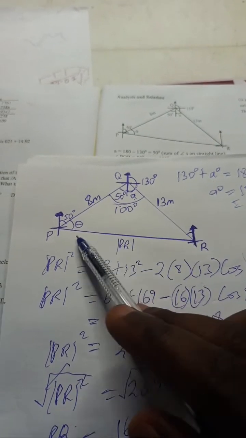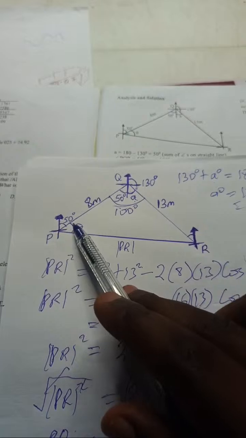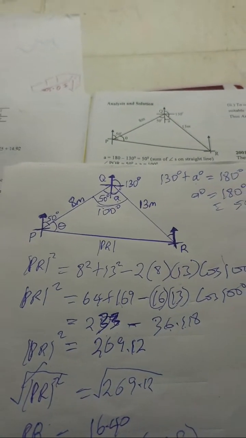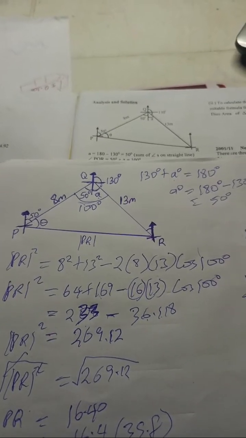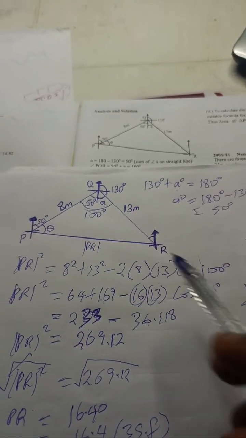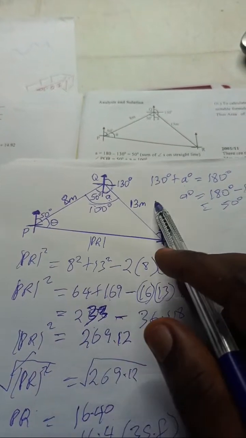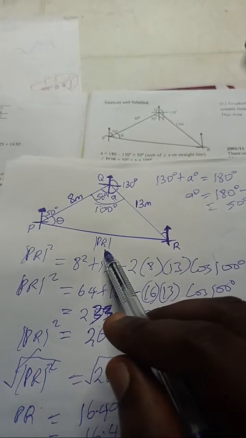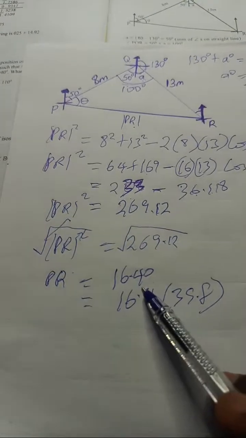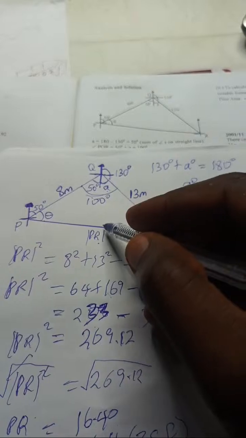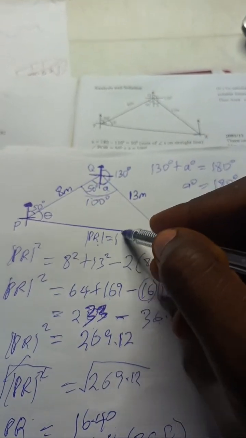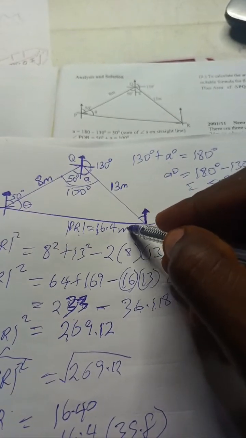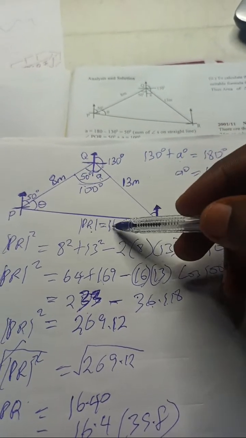So what do you have to do? We have to find this using our sine rule. Now, the sine rule that we have to use here, let's check it out. We know this side, and we needed this angle. This side is known, and it is 16.4 meters.